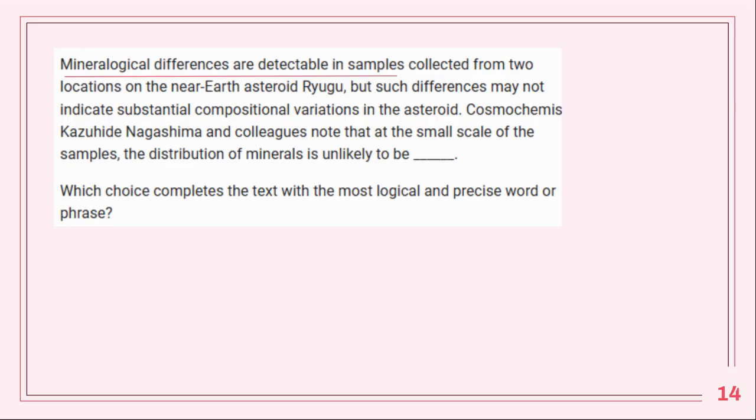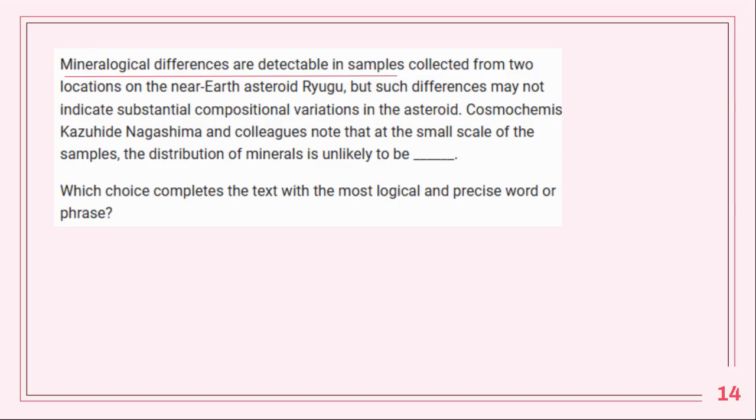So we're comparing them and we're saying that there are mineralogical differences, but just because these small samples show differences doesn't mean there's a lot of substantial compositional variation in the asteroid. So whatever differences we're seeing between samples, we might not be seeing this variation in the stuff in the asteroid.